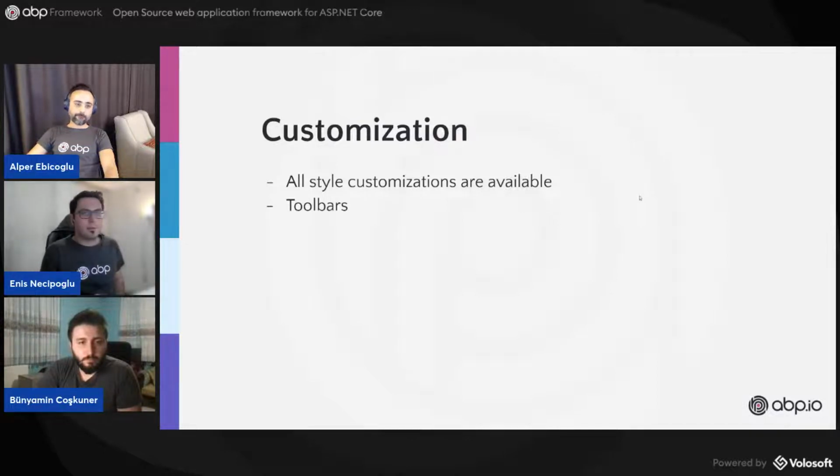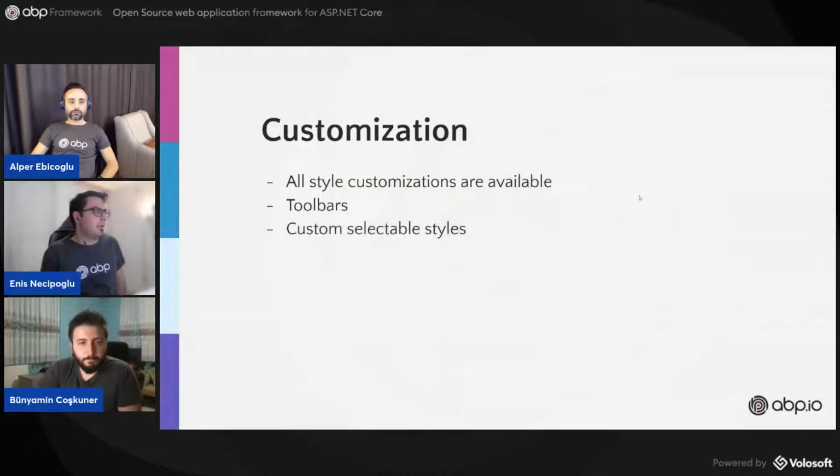Also, toolbars. I think ABP developers are familiar with toolbars. We have a couple of new toolbars for our new elements. For example, Bünyamin showed you there's a general settings section at the bottom right, and we also have a classic toolbar, an app toolbar, and a couple of different toolbars in the theme.